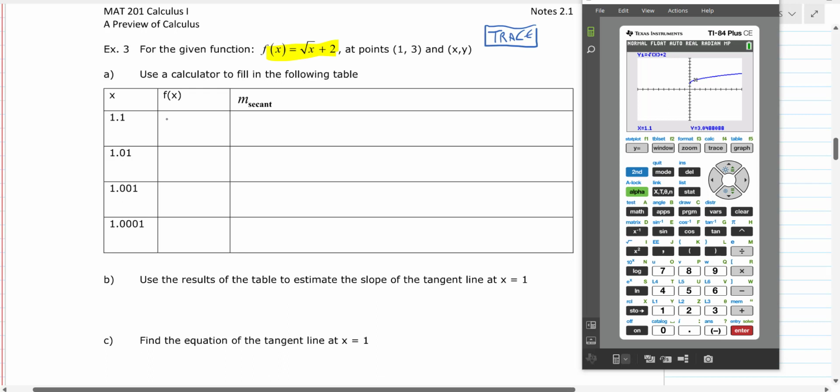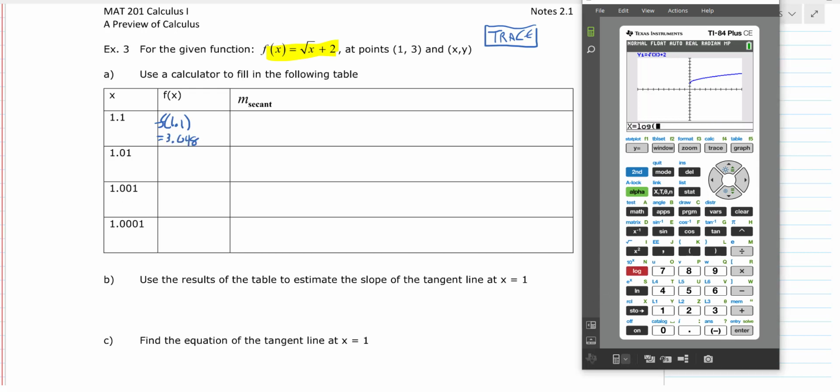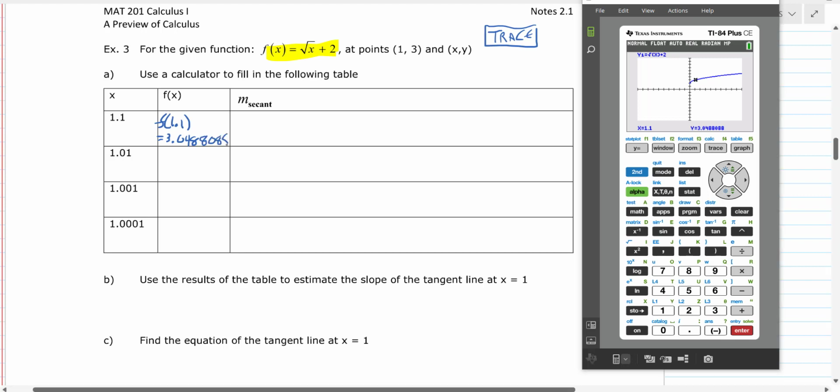So what we get really is f of 1.1 is equal to, and we got all these decimals, 3.048. I can't see that very good. So let me do that one more time. We're going to trace at 1.1. And let's see, I'm seeing 3.0488. I'm going to write out whatever comes out on the calculator.